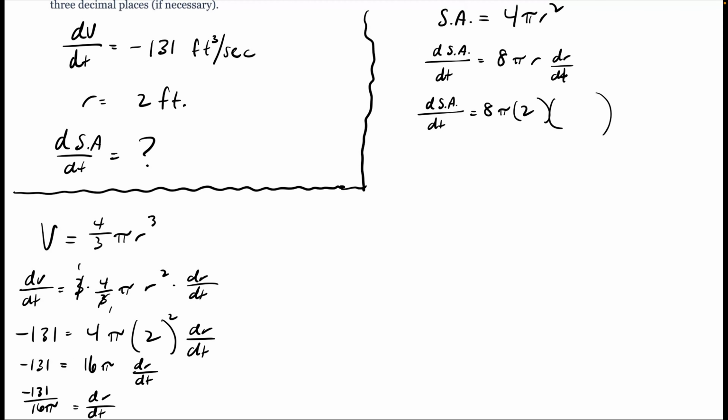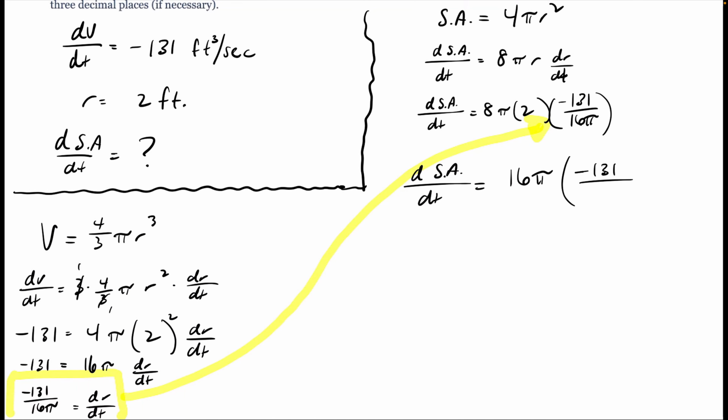That's what we're going to move back to the missing part, the missing thing that we didn't know. Negative 131 over 16 pi. So we got 8 times 2 is 16 pi times negative 131 over 16 pi. 16 pi's cancel out.